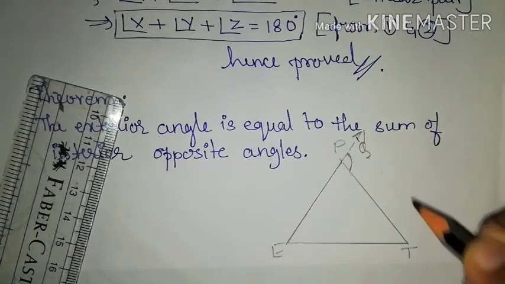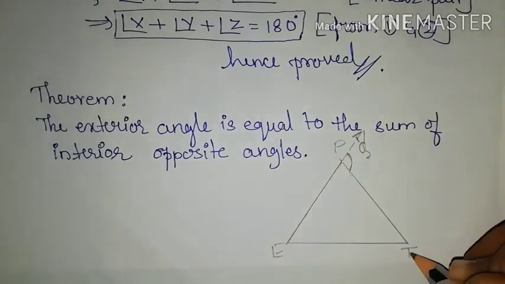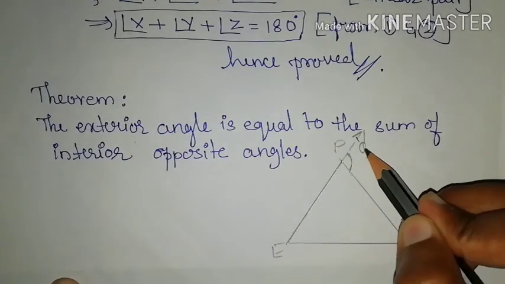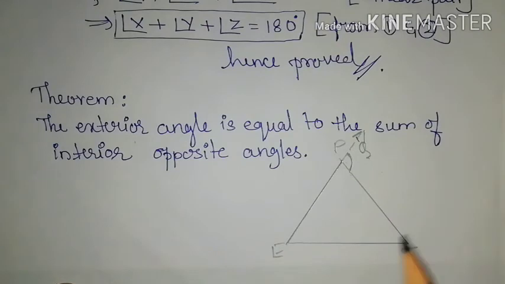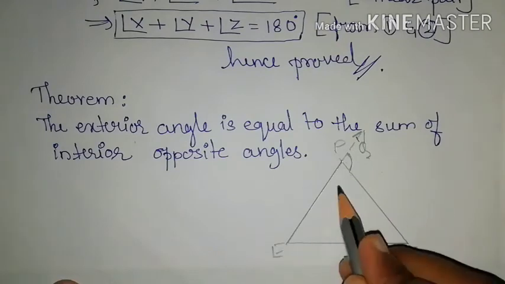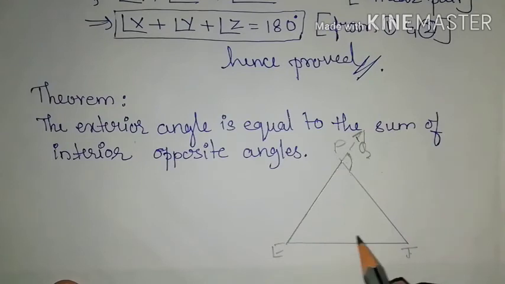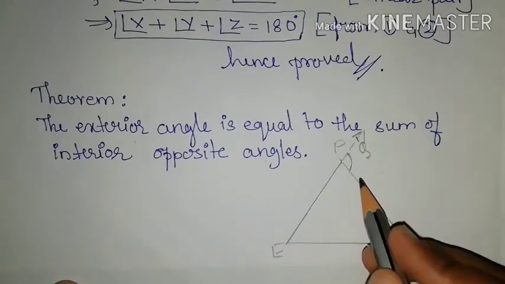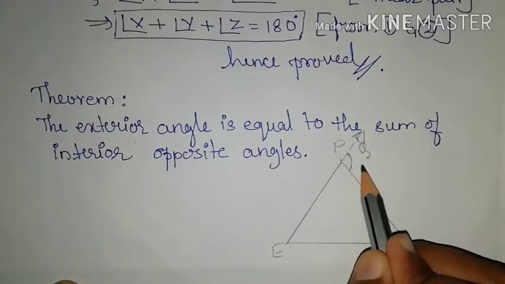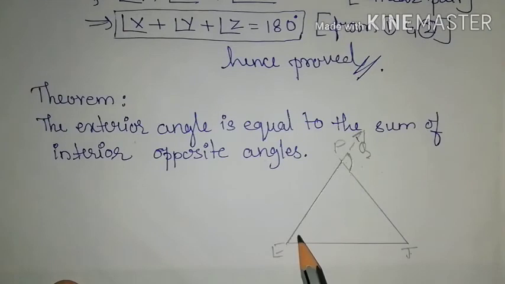So the angle QPT, according to the theorem, the exterior angle, that is angle QPT, is equal to the sum of interior angles. Interior means the angles which are present in the interior part of the triangle. So inside the triangle there are 3 angles, but the exterior angle is always equal to the sum of interior opposite angles.